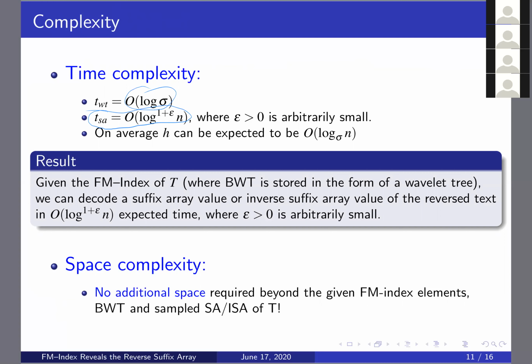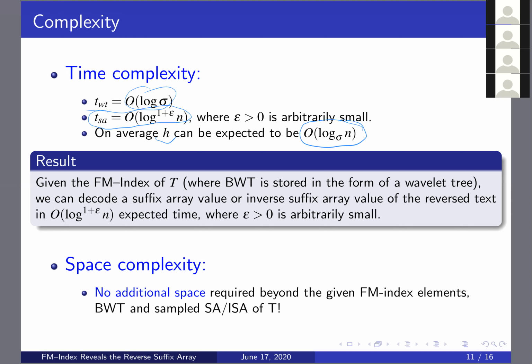And on the average, H can be expected to be logarithmic with base sigma of n. That's for sure with the assumption that this text is independently identically distributed, which is very rare to come up with. So we have some experimental comparison as well. In the following slides, we will see that.